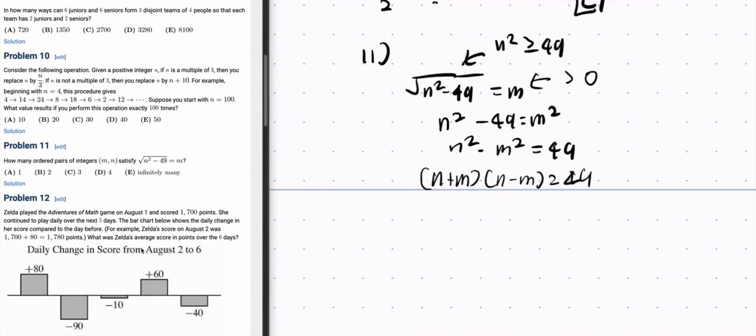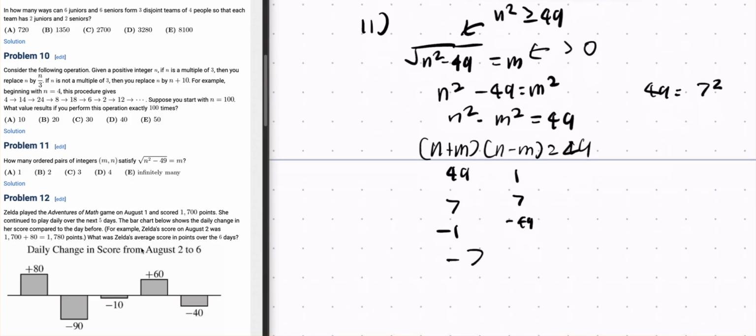49 is equal to 7 squared, so we can let the factors be 1 and 49, or 7 and 7. We could also try negative 49, negative 1, and so on. And that would give us negative 7 and negative 7 to try too.